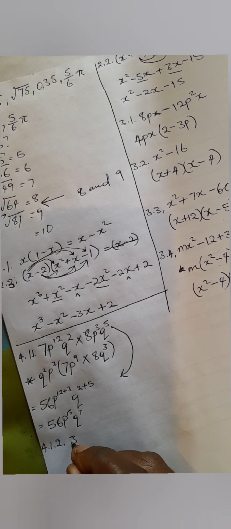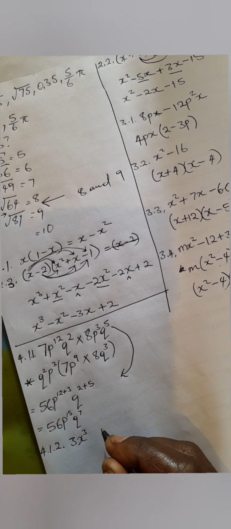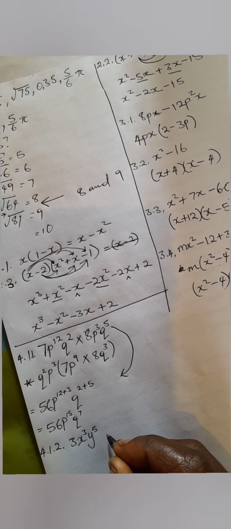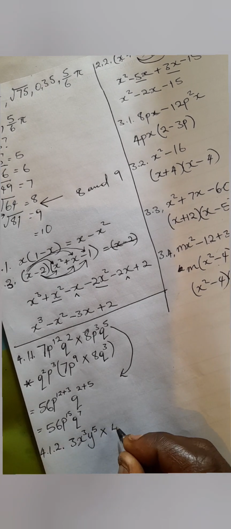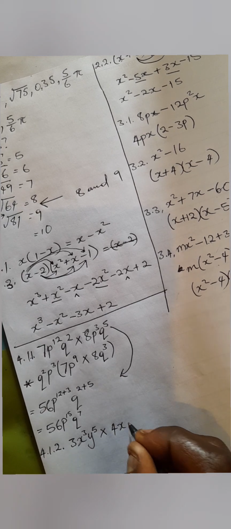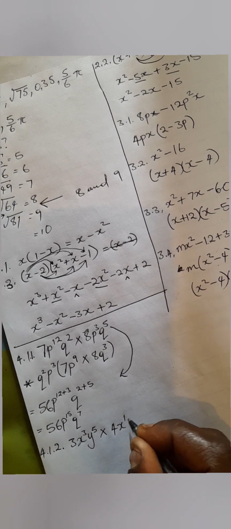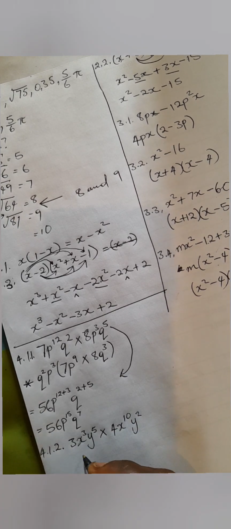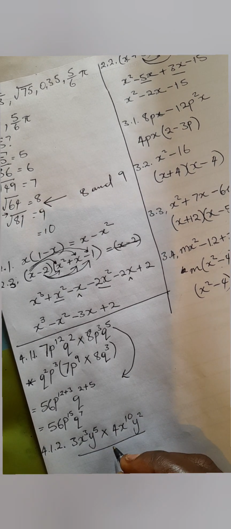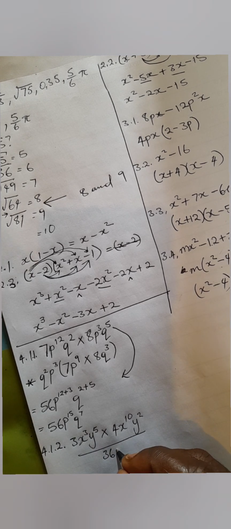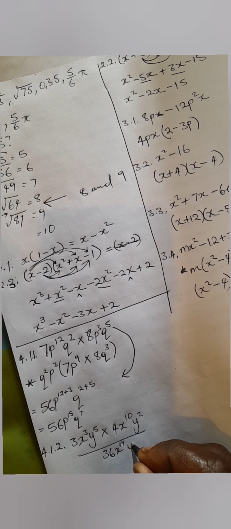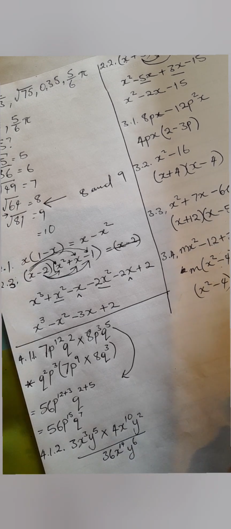It says 3x cubed y to exponent 5 times 4x to exponent 10 y squared, all divided by 36x to exponent 14 y to exponent 6.